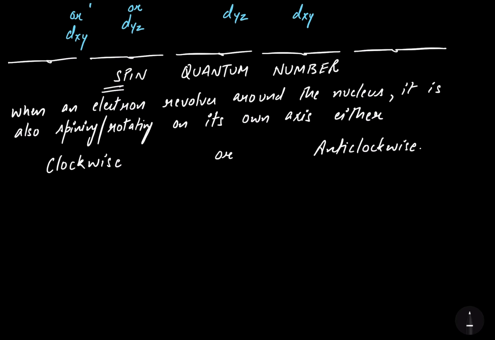Now the spin quantum number gives us information about that rotation, about that spinning. So there are only two possible values for the spin quantum number. The spin quantum number gives information about the spin of the electron.